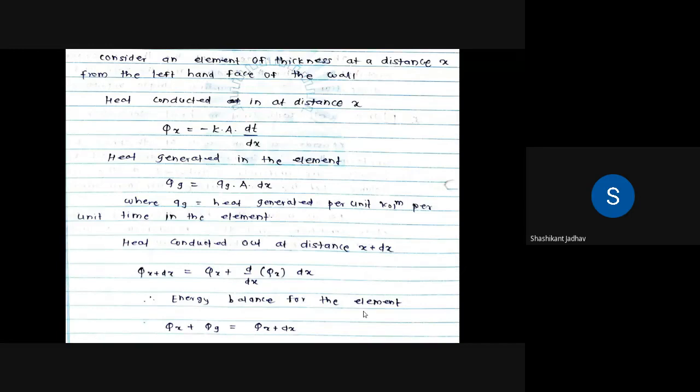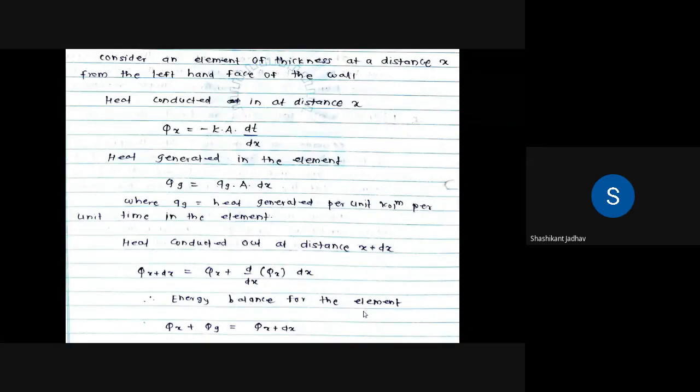Therefore, the energy balance for the element is Qx plus Qg is equal to Qx plus dx.